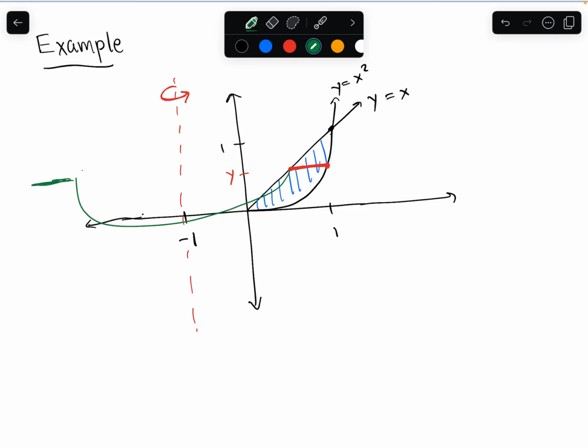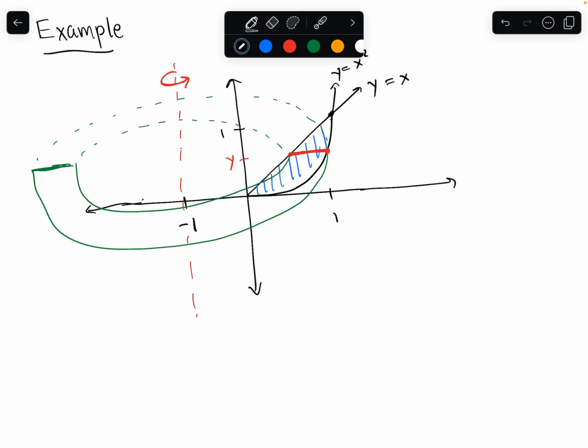say all that stuff there, rotate it around, and we look at the cross-sectional area, we want to look at how do we compute the cross-sectional area of this? So the cross-section is just a washer, so we need the outer radius and we need the inner radius.